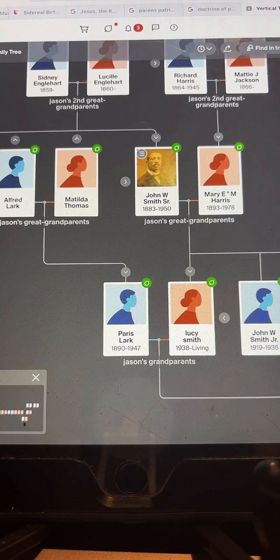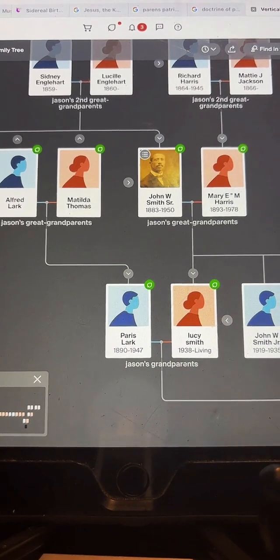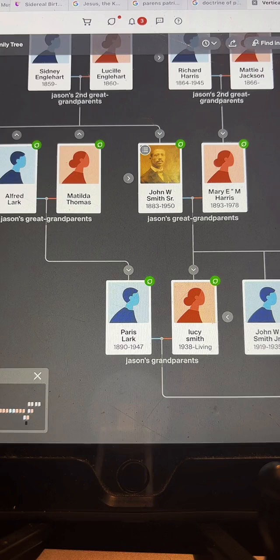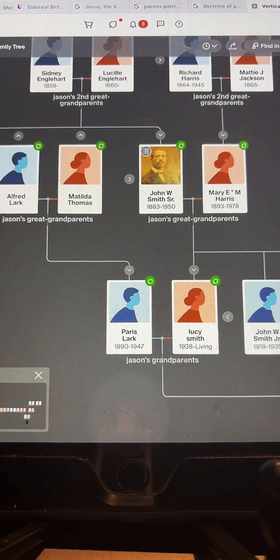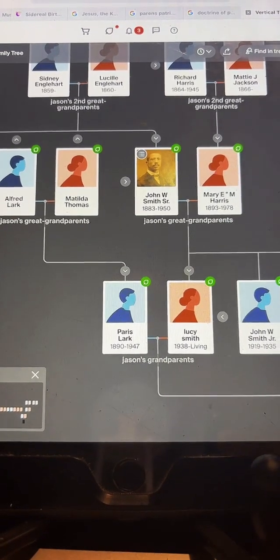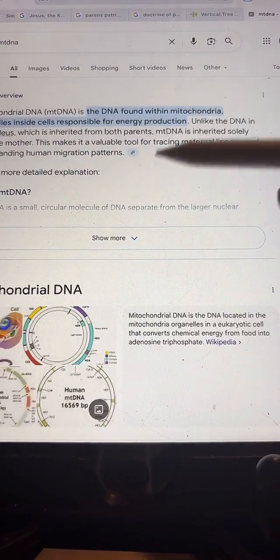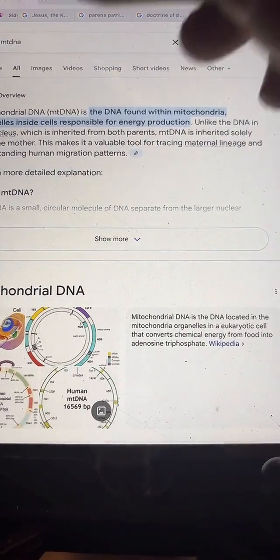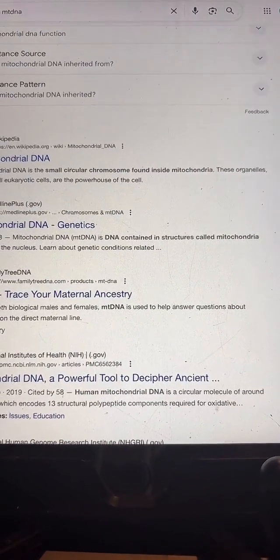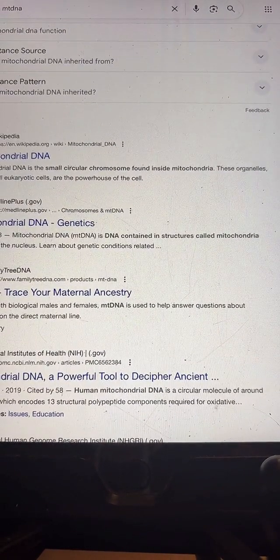No shit. mtDNA. Oh, let me add that on there. Is it a .com or something? What was that family tree?